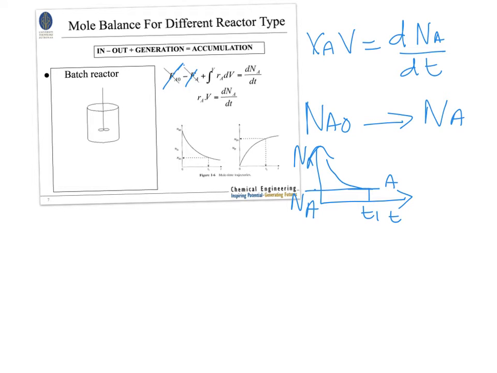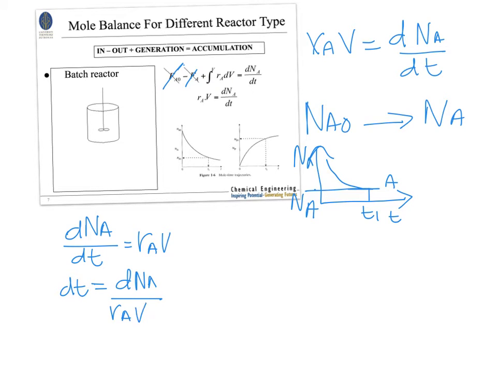So you have dNA over dt equals RA times V. Rearranging the equation, you will have dt equals dNA over RA times V.